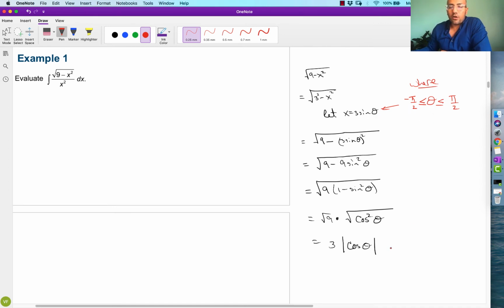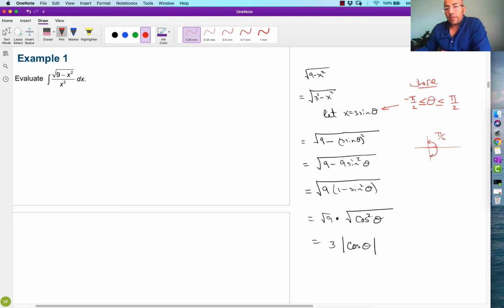So now if you think about cosine of theta, where theta is restricted to these values, in this section, this is spanning quadrant 1 and quadrant 4. If we think about the angles, from 0 to there, that's from 0 to pi over 2, and then negative would go clockwise, sorry.